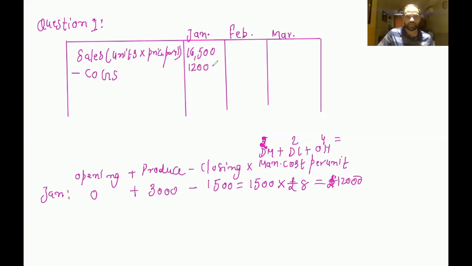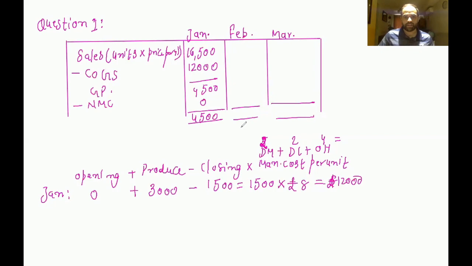Right. So gross profit is 4,500. And non-manufacturing cost is 0. So profit is 4,500 for January, right? February, calculate profit for February and calculate profit for March and tell me how much.